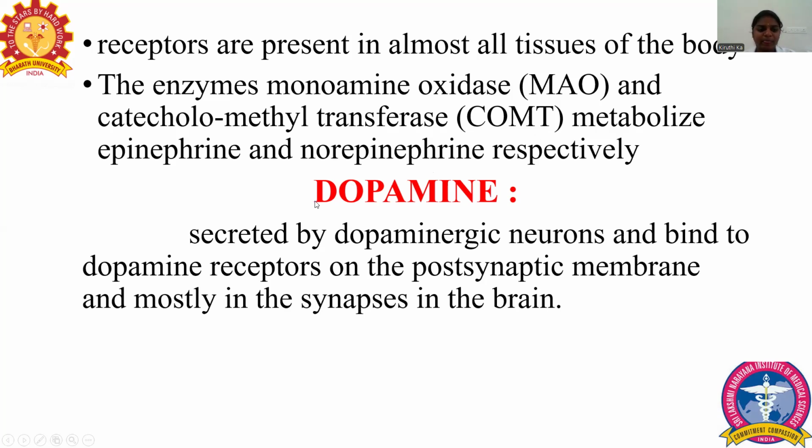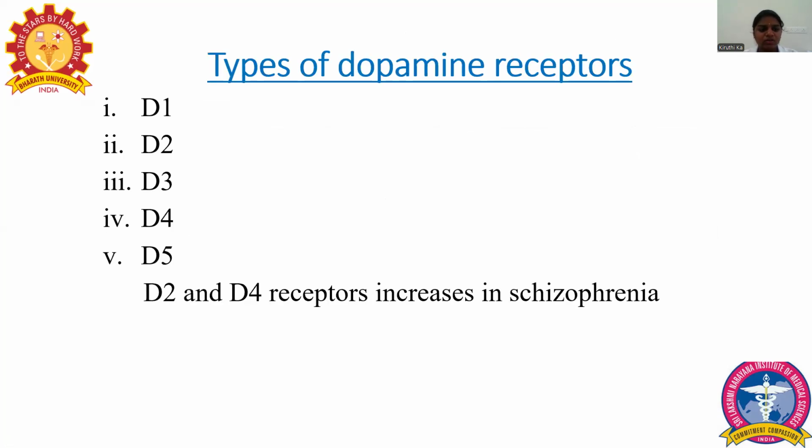Next, dopamine, which is mainly secreted by the dopaminergic neurons, binds to the dopamine receptors on the postsynaptic membrane, mostly in the synapses in the brain. Nigrostriatal dopaminergic neurons in the basal ganglia are important in normal motor functions. Five types of dopamine receptors have been described: D1, D2, D3, D4, and D5.